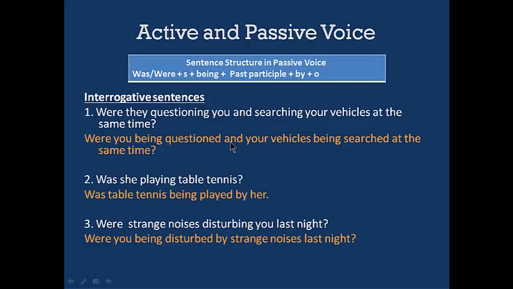Were you being questioned? And then the conjunction takes the same place. Were you being questioned and your vehicles being searched at the same time? So you have to think about this one, that your vehicles being searched at the same time. That will be the correct passive form.